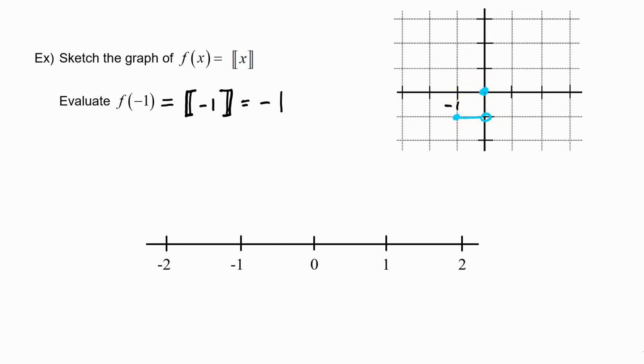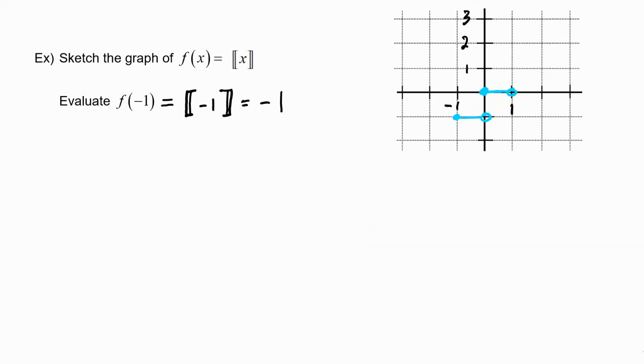And then, of course, every x value between 0 and 1, so we don't actually get to 1, we get infinitely close to 1, we go to 0.99999, all of those x values are going to round down to 0. Put an open circle at x equals 1. Let's go ahead and label our axes here.